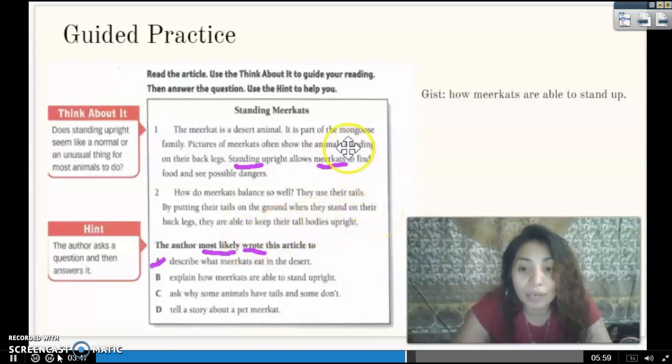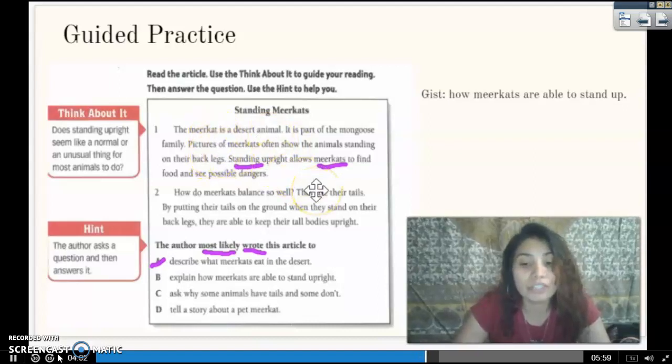And in paragraph 1, it says pictures of meerkats often show the animals standing up on their back legs. So I have information on meerkats standing up in these 2 paragraphs. I think B might be the answer. I'm going to put a question mark and read the other 2.